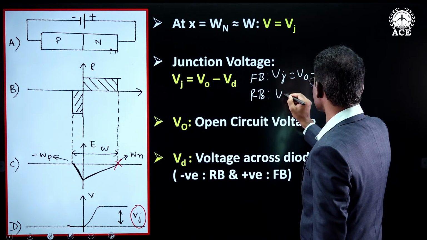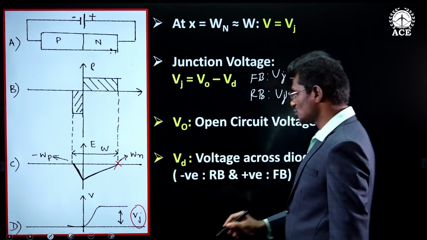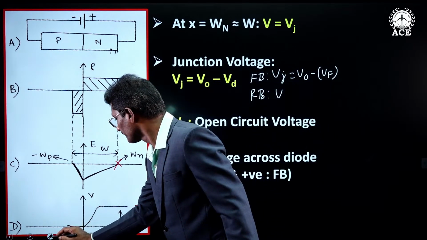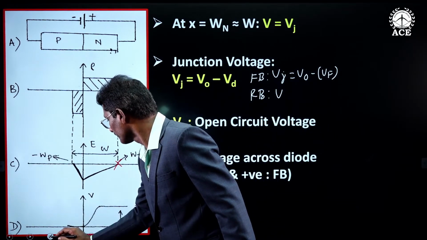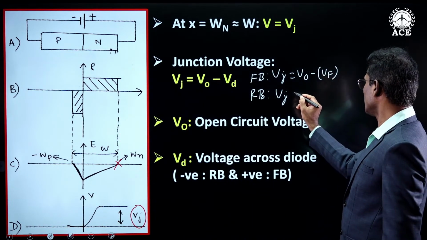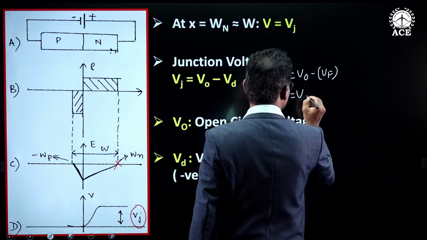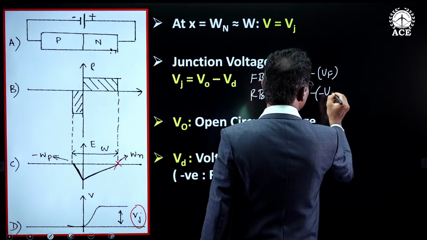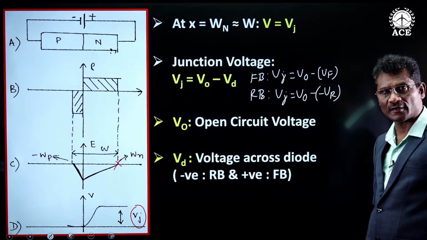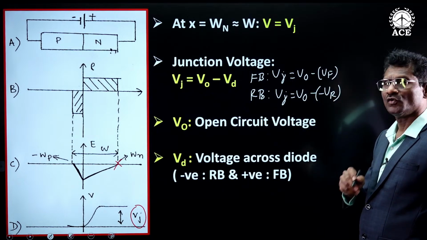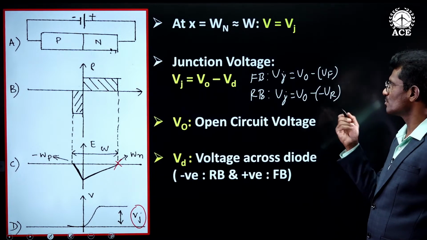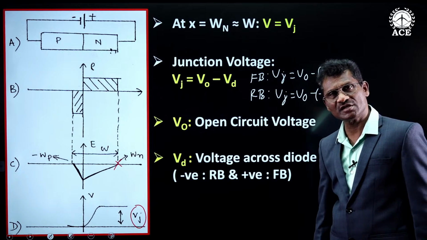If you consider a reverse bias diode, Vj will be equal to V0 minus of minus Vr, that is junction voltage will be greater than open circuited contact potential in a reverse bias diode, which can be easily understood.